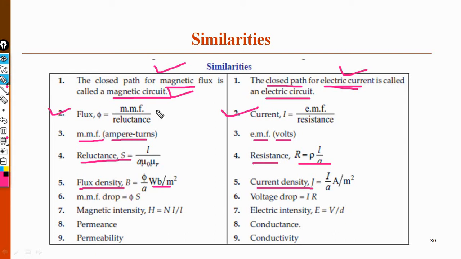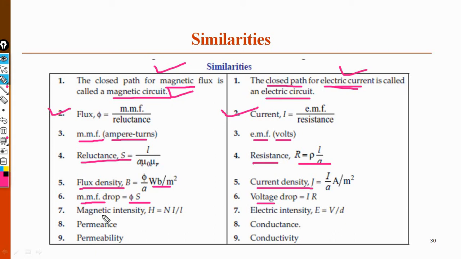Then in the magnetic circuit mmf drop is very important, and in the electrical circuit voltage drop is very important. Voltage drop is IR, and mmf drop is phi S, where phi means flux and S means reluctance.